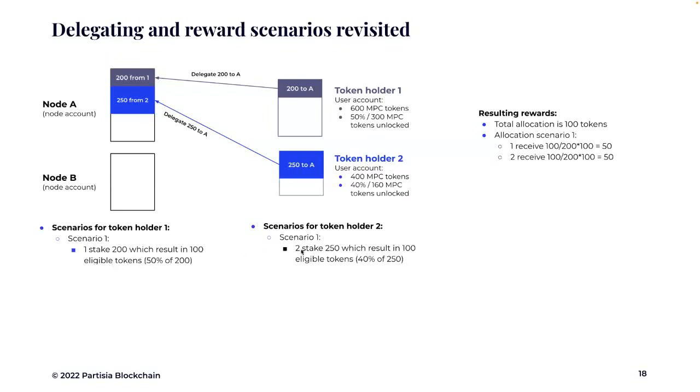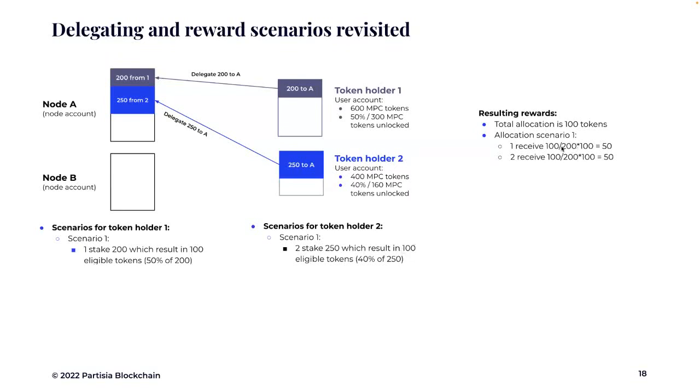For token holder number 2, who is delegating 250 to node operator A, we get to 100 rewardable tokens. That is 40% times the 250 that is delegated. Now we have the total of rewardable tokens: 200, so that's the 100 here plus the 100 over here.